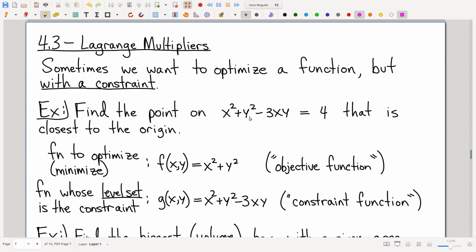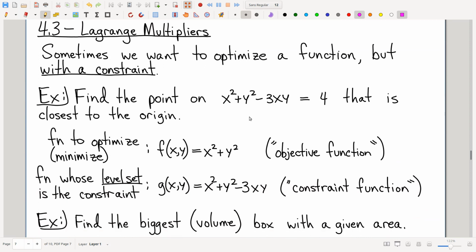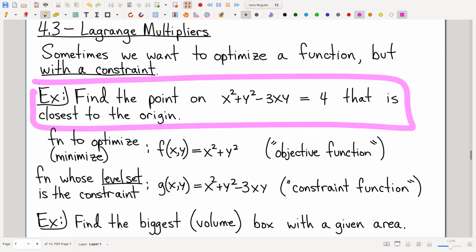Okay, so this is called constrained optimization, sometimes called the method of Lagrange multipliers. I'm going to start with a quick example. Find the point on this curve closest to the origin. This is what we call a constrained optimization problem because it is not as simple as I want to maximize or minimize distance from the origin.